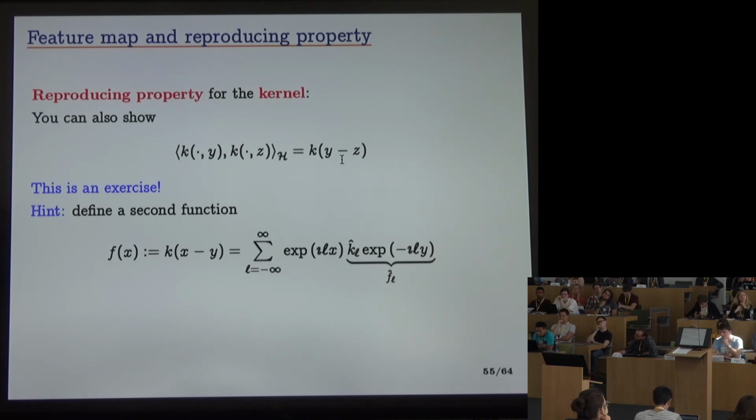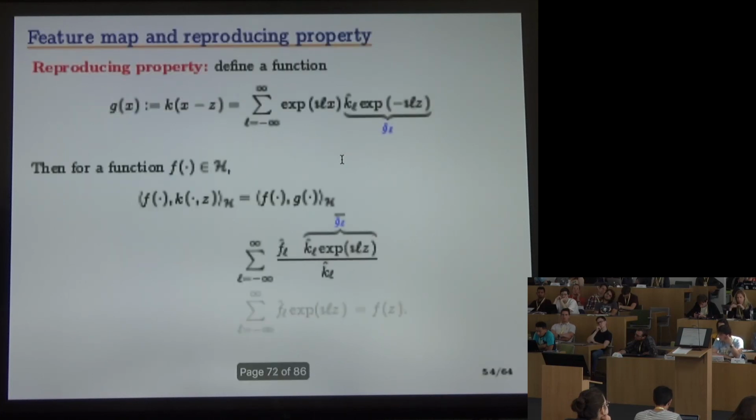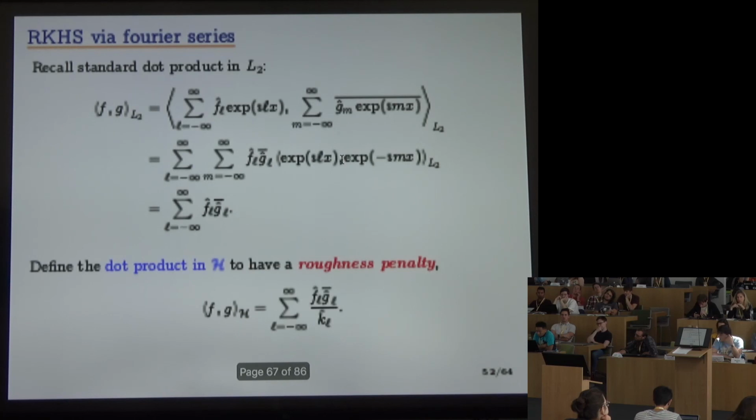Now, in particular, this is the difference between the reproducing dot product and the L2 dot product. If I took the dot product between these kernels in L2, I would get an extra k hat here, because I wouldn't have this k which would cancel.